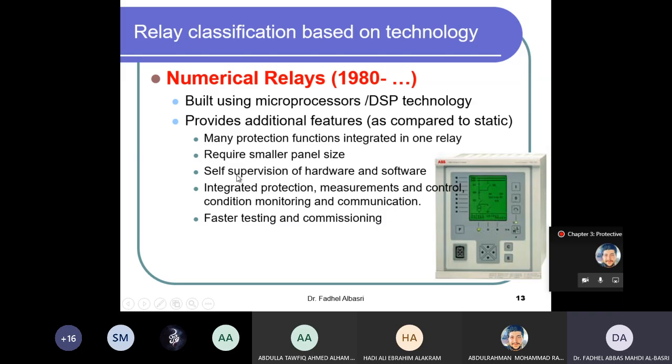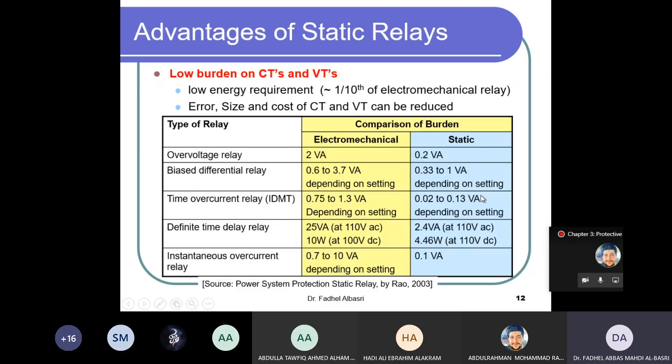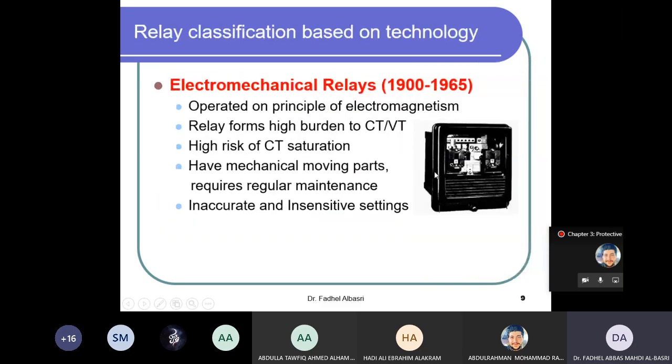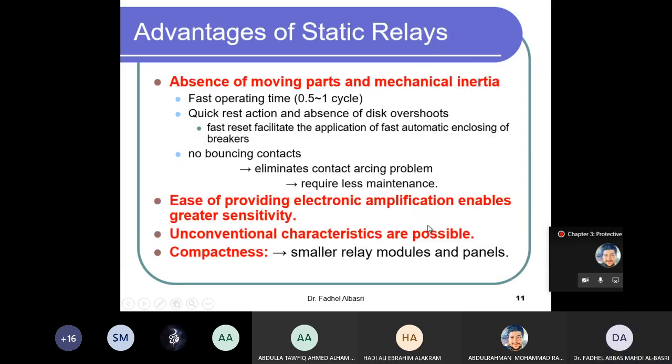It has this feature, self supervision of hardware and software. This relay knows if something is wrong within it. While in the previous technology, you don't know if it would work correctly or not, or if something is wrong, unless you do regular maintenance and check it during shutdown of systems or during the preventive maintenance period.